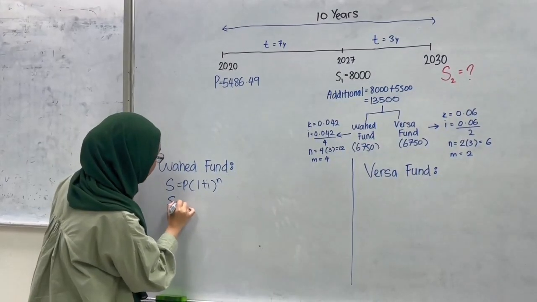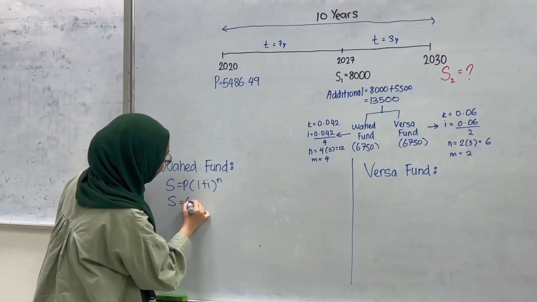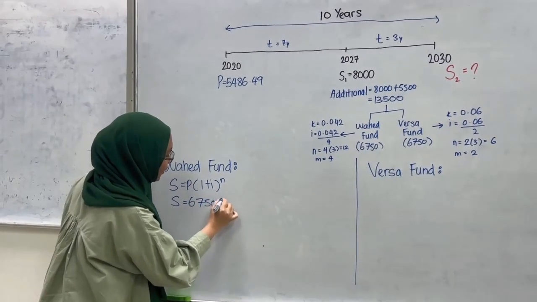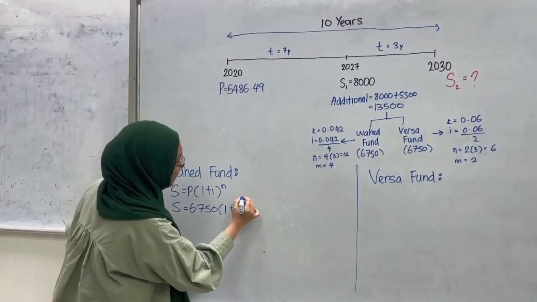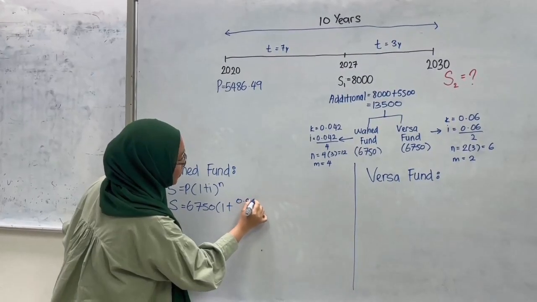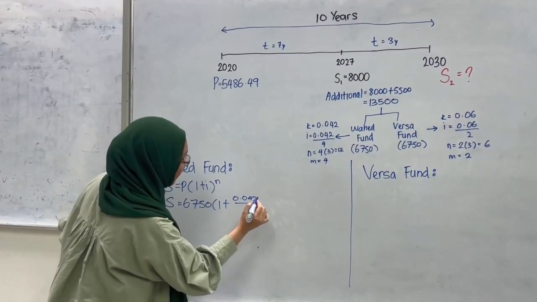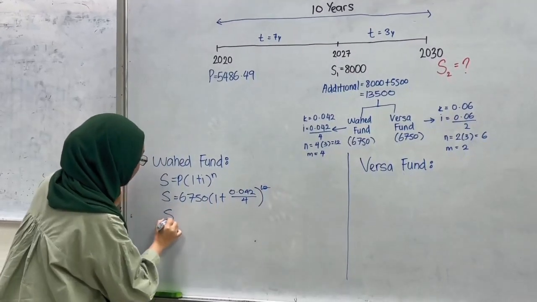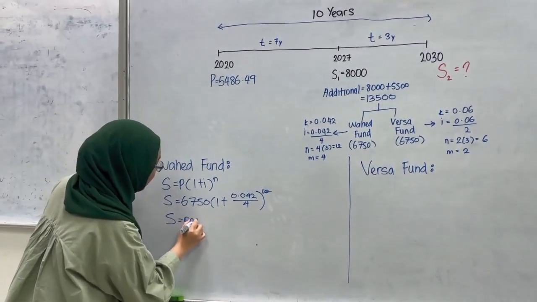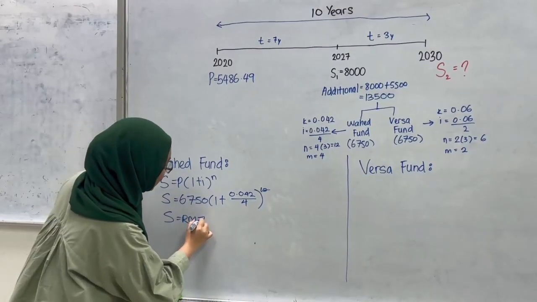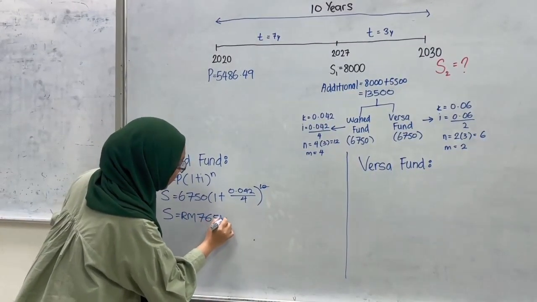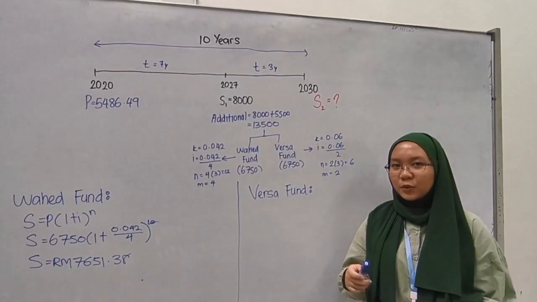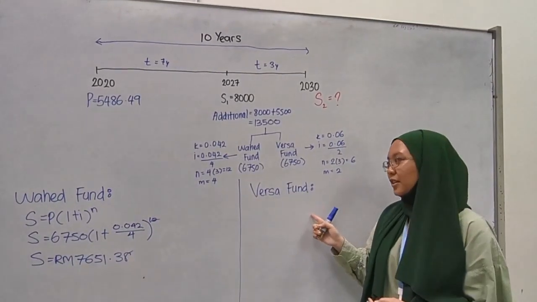S equals, P is 6,750, 1 plus I is 0.042 over 4, and the power of 12. So S equals RM 7,651 ringgit 38 cents. Next, we want to calculate Faisal Fund.